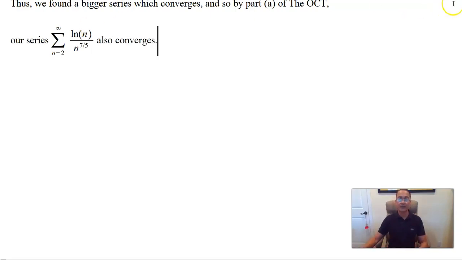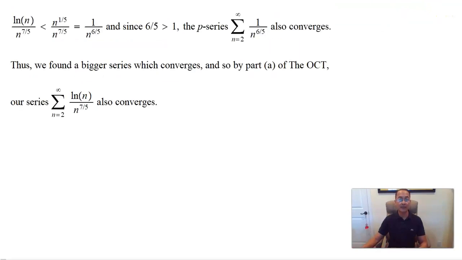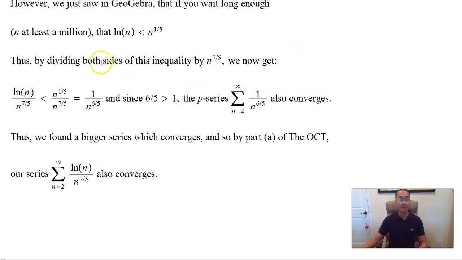So by using this inequality, ln of n less than n to the 1/5, not 7/5, but only 1/5, we were able to cut down 7/5 by 1/5 and get an exponent which is still bigger than 1.